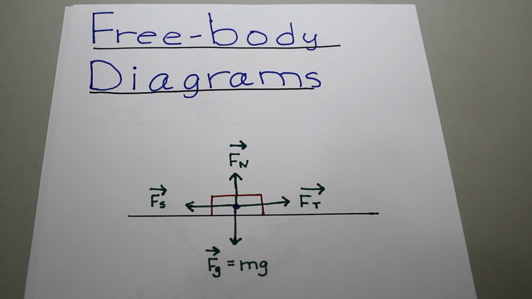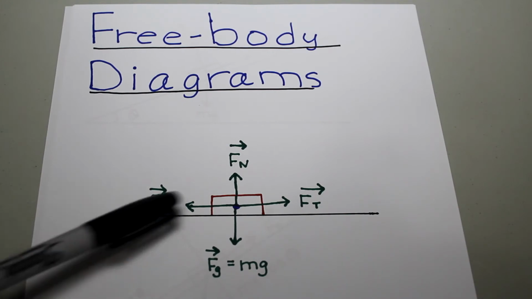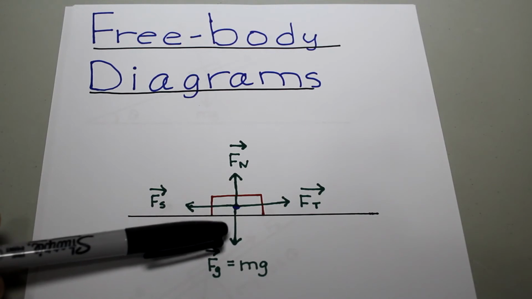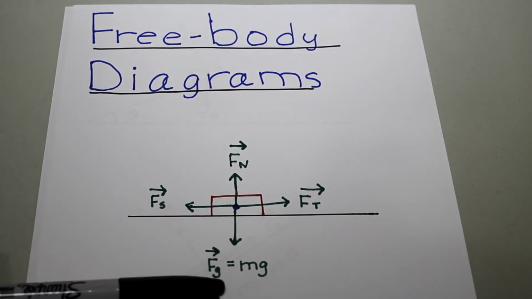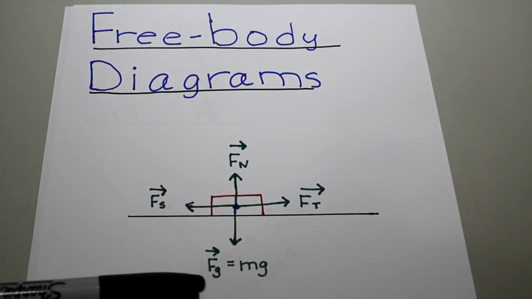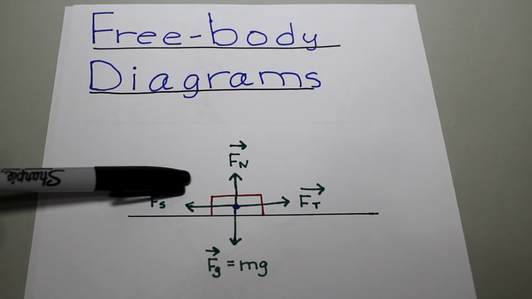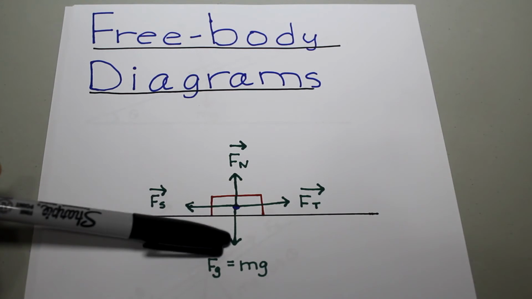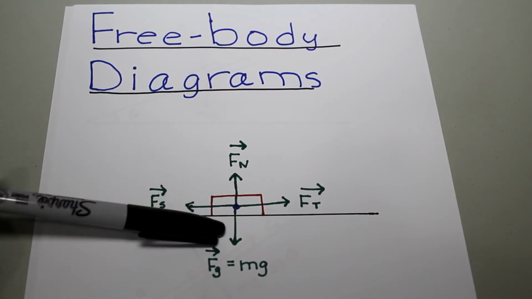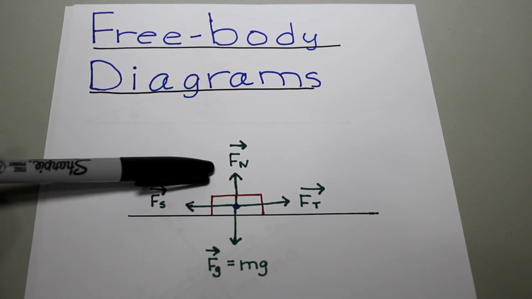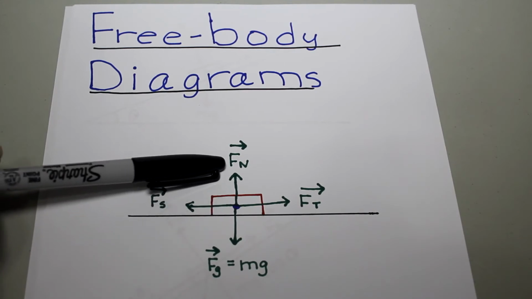As always, we have the weight of the box acting downwards, which is mg, same as F sub G. And as we saw in the previous example, there is a normal force perpendicular to the surface, so there is a force going upwards.